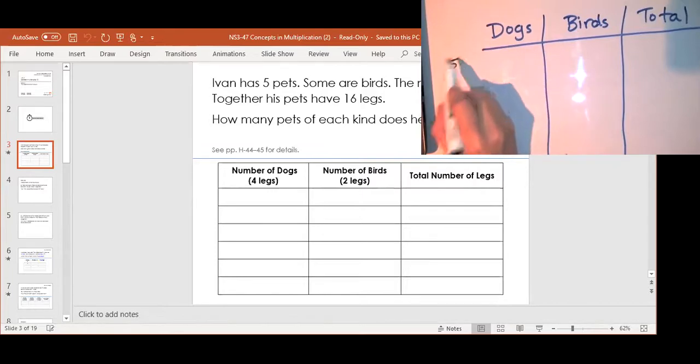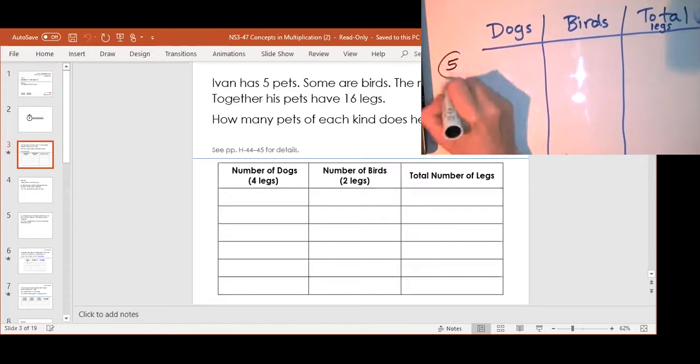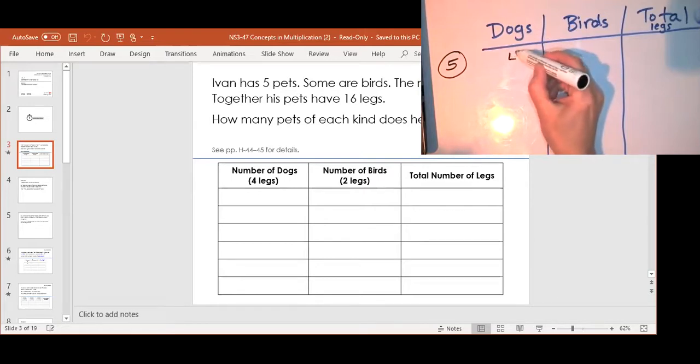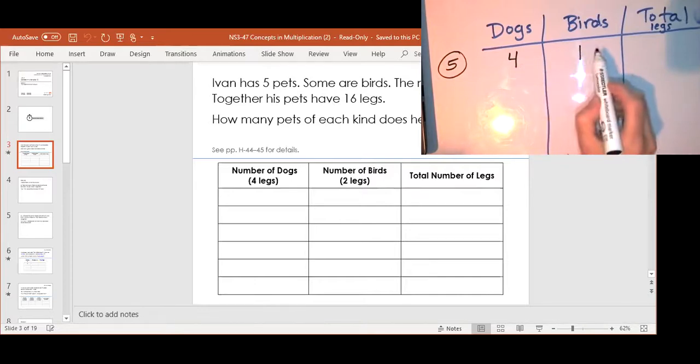And we're looking for the total legs, not just total pets. Total, oops, I'll write legs under here. Legs. Okay, so to do this, the number here and the number here have to equal 5 because he has 5 pets altogether. Okay. So he could have 4 dogs and 1 bird because 4 and 1 is 5.